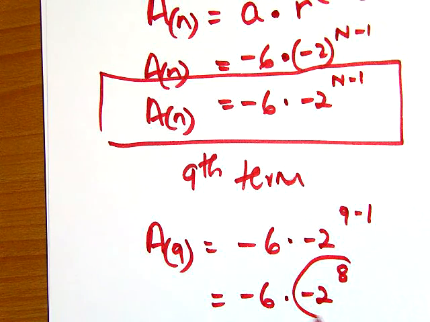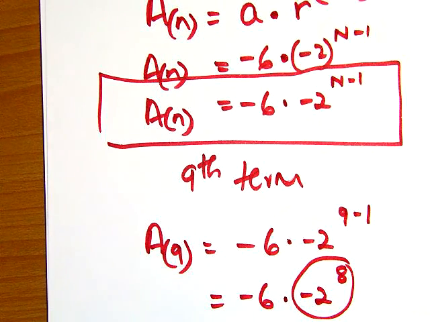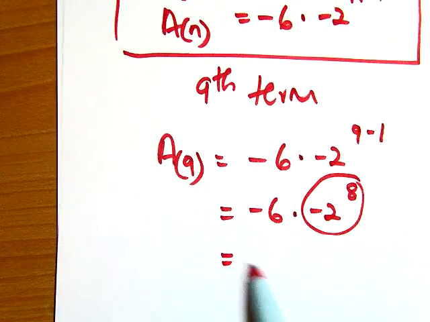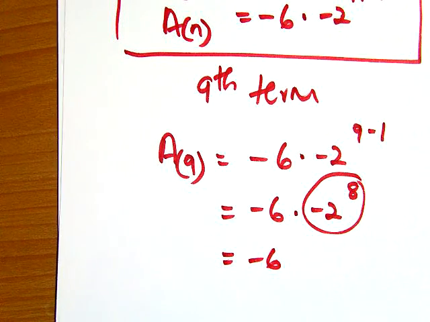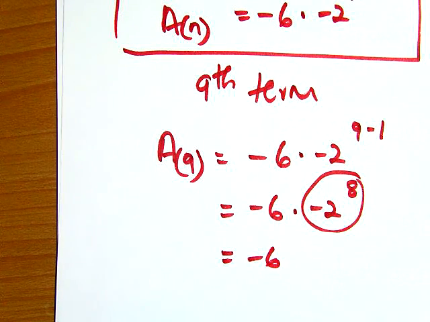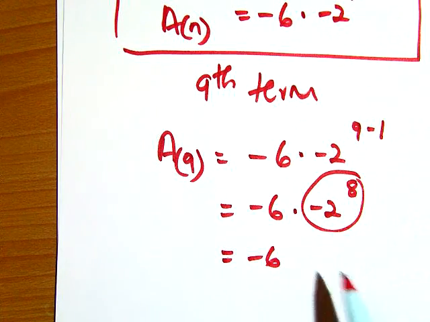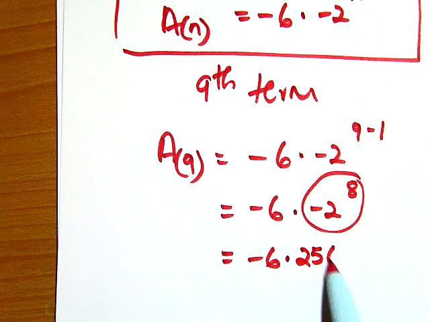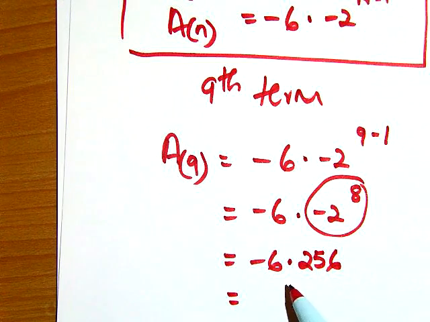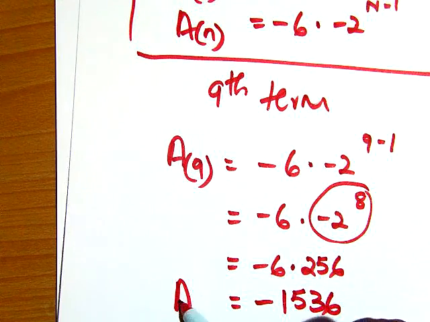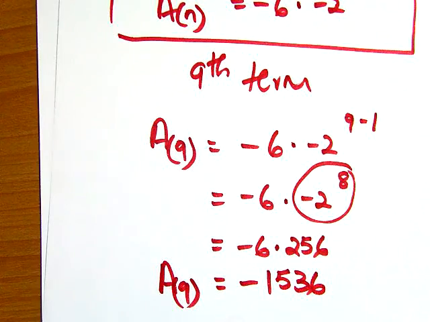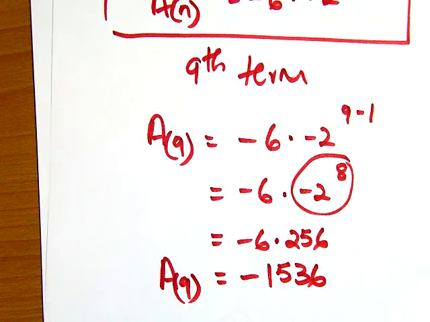And you want to do this part first before you multiply by the negative 6. So that's going to be negative 6, and I think negative 2 to the 8th power is equal to 256. So it's times 256. So my final answer becomes negative 1536. So the 9th term in this geometric sequence is negative 1536.